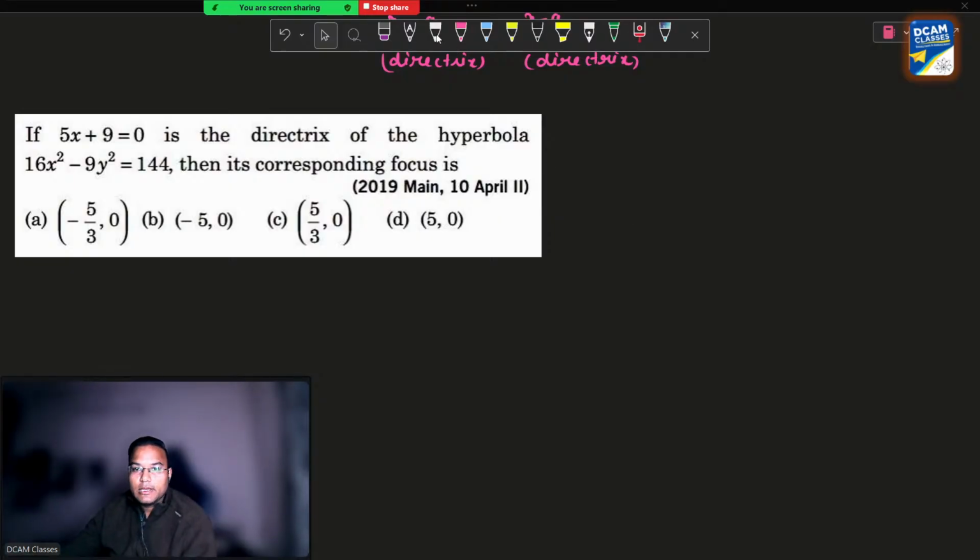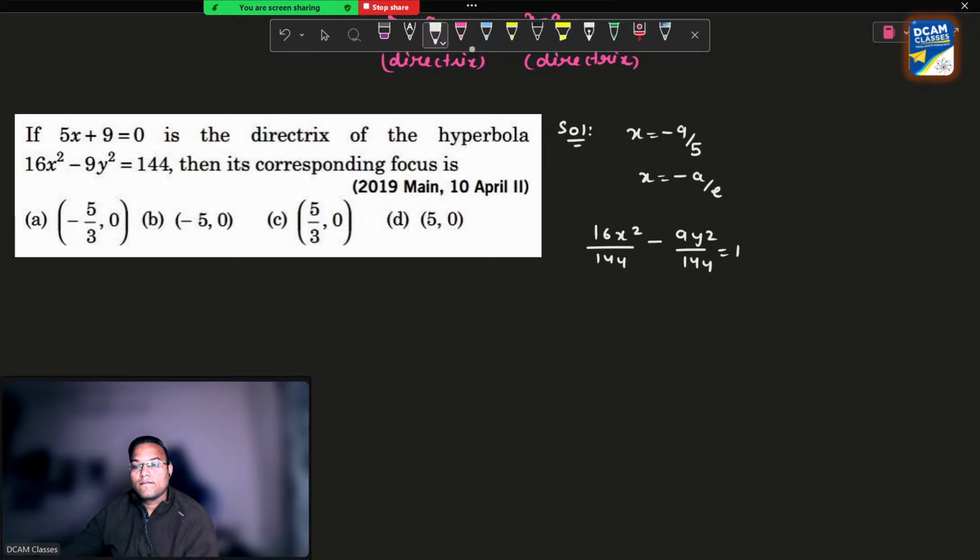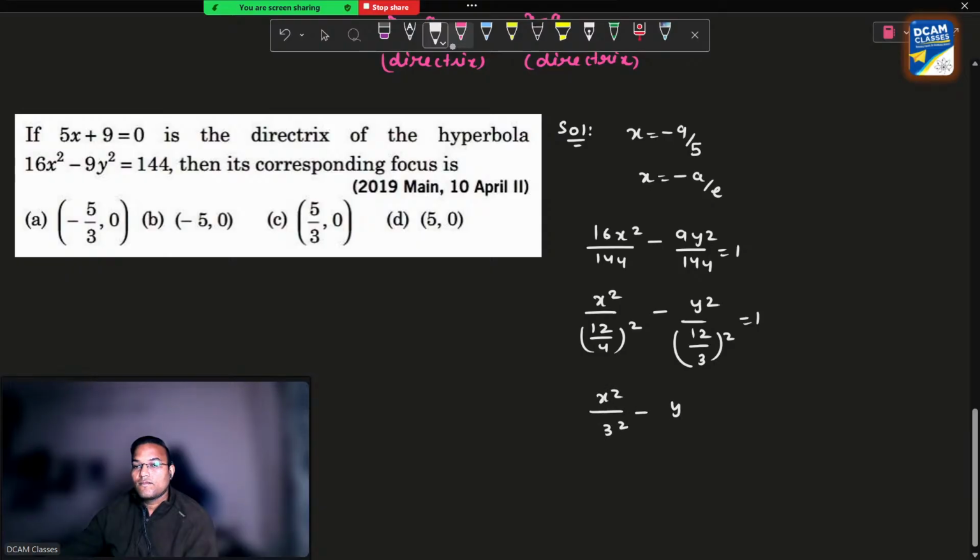So you keep solving. I'll solve it. Here A is less than B, but then also you'll be able to solve.